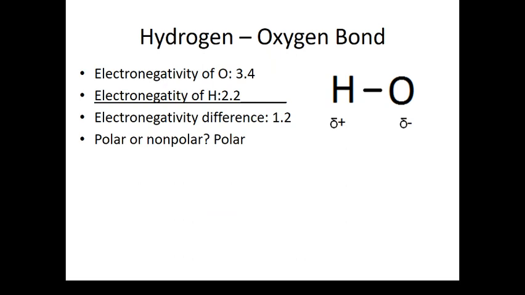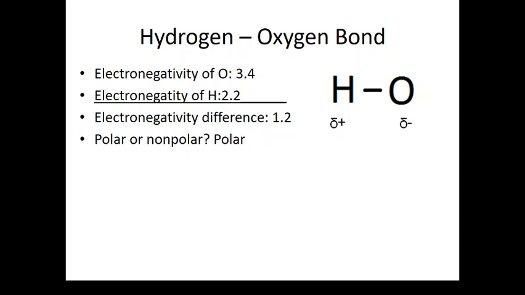When you actually calculate these in your notes, you can see that the electronegativity of the hydrogen is 2.2, the oxygen is 3.4, which I obtained from table S. Once subtracted, I have a difference of 1.2, therefore I know this is indeed a polar bond, with a slightly positive region at the hydrogen and a slightly negative at the oxygen.